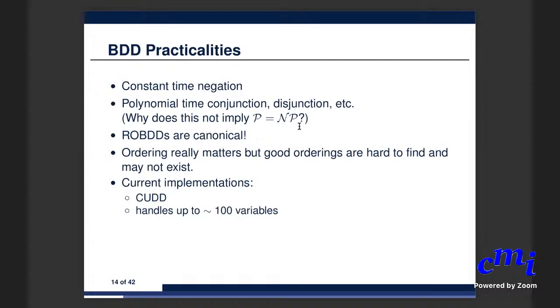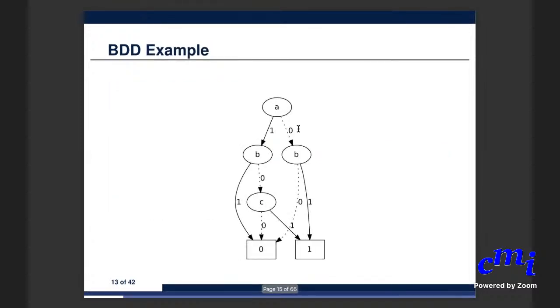But you saw that the decision problem is NP-hard. So what's the catch? There are some functions for which no matter what variable ordering you choose, you can never have a compact representation in terms of BDDs.